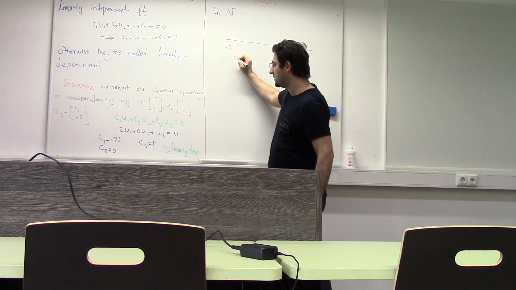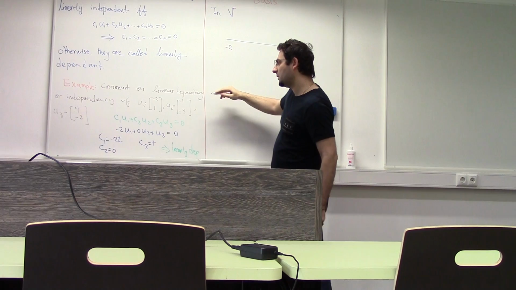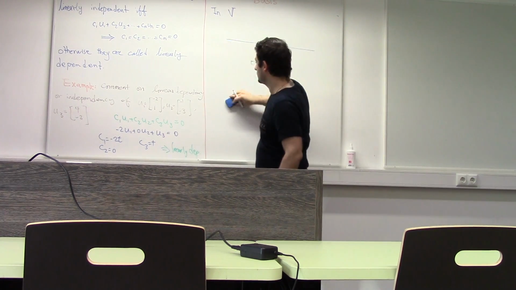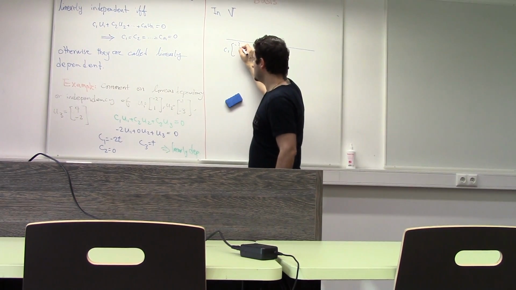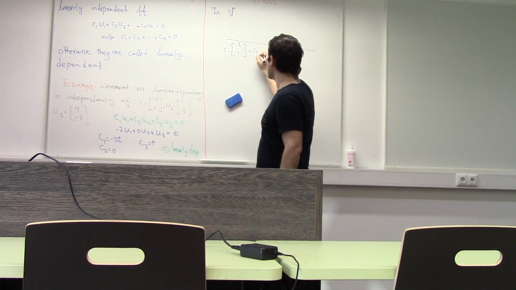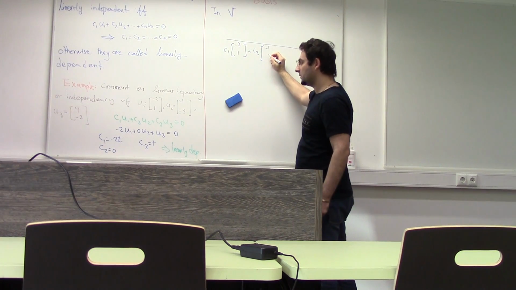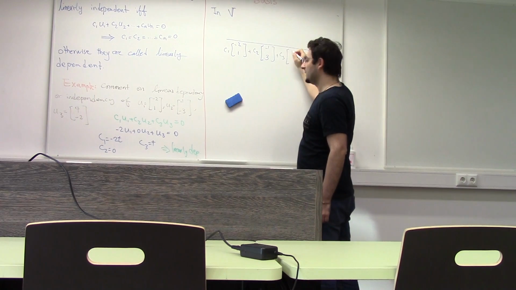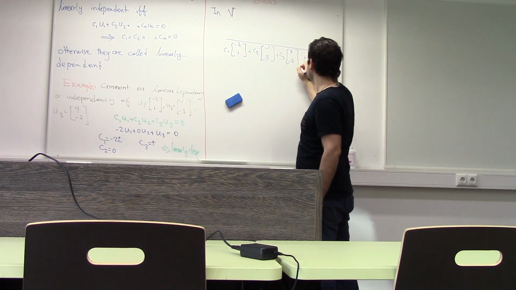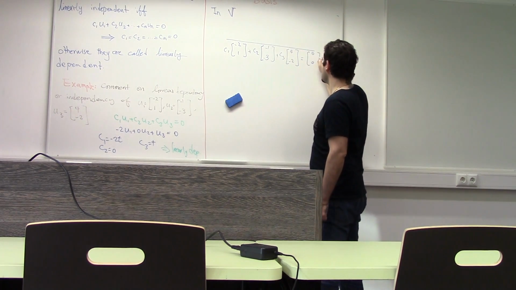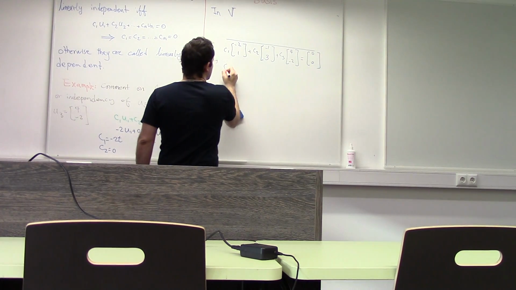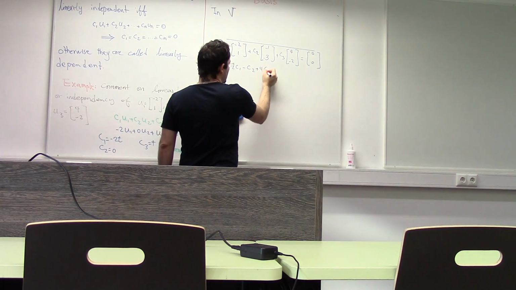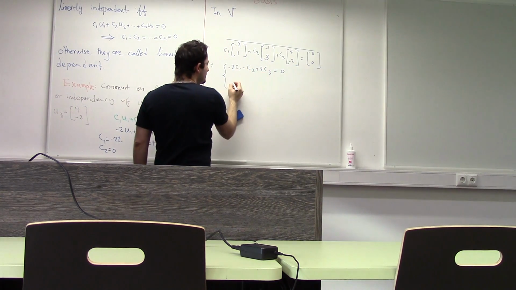Minus 2, C1, minus 1. C1 minus 2 1 plus C2 minus 1 minus 3 plus C3 4 and minus 2 is equal to 0, which results into this: minus 2 C1 minus C2 plus 4 C3 is equal to 0.